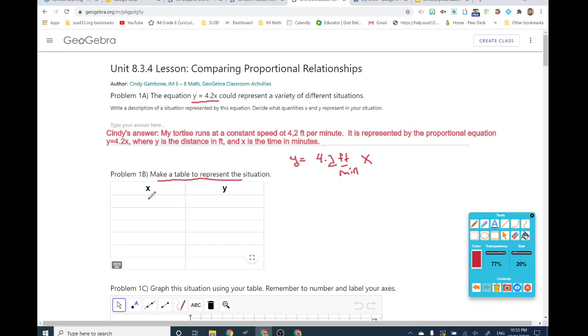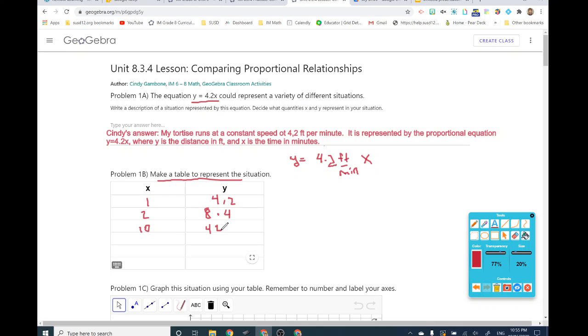So if X is 1 minute, my turtle has moved 4.2 feet. And at time equal to 2 minutes, my turtle has moved 8.4 feet. Well, I got tired of watching, so I went away and I came back, and after 10 minutes, my turtle has moved 42 feet.